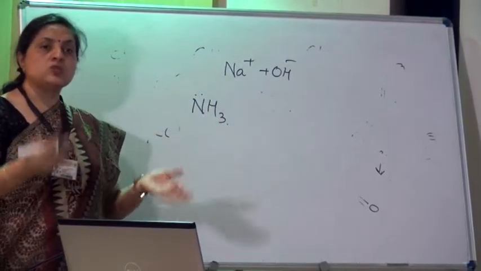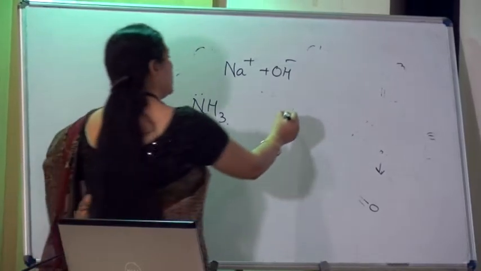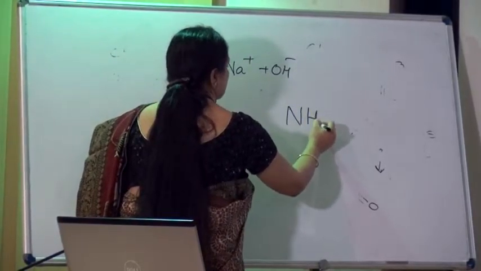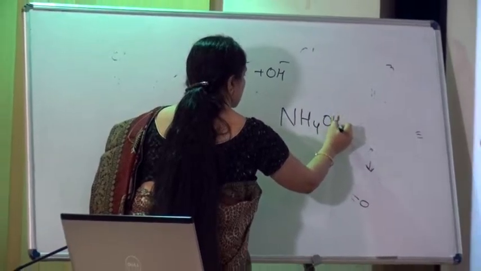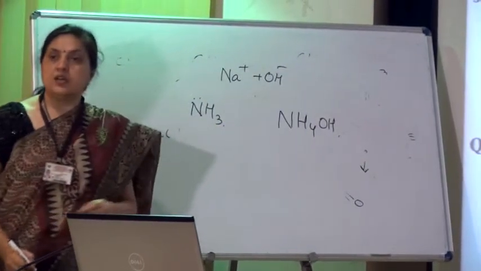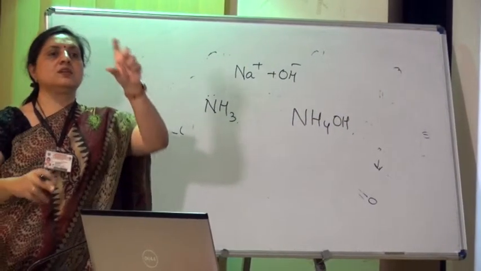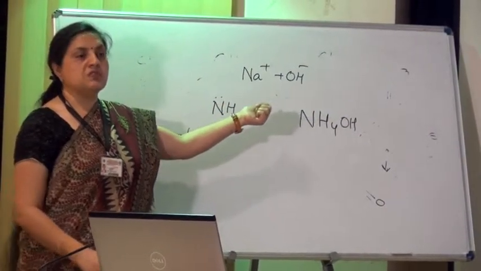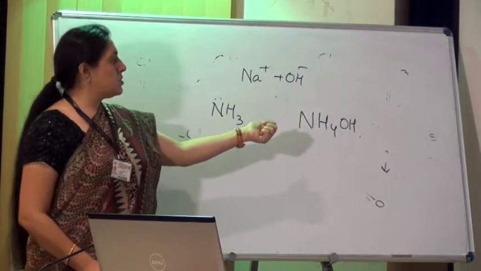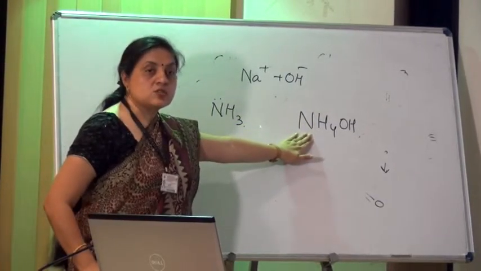But when an aqueous solution is there, what you get is NH4OH. I think you must have seen it in the chemistry lab, it is one of the bench reagents. So NH4OH is basic in solution.